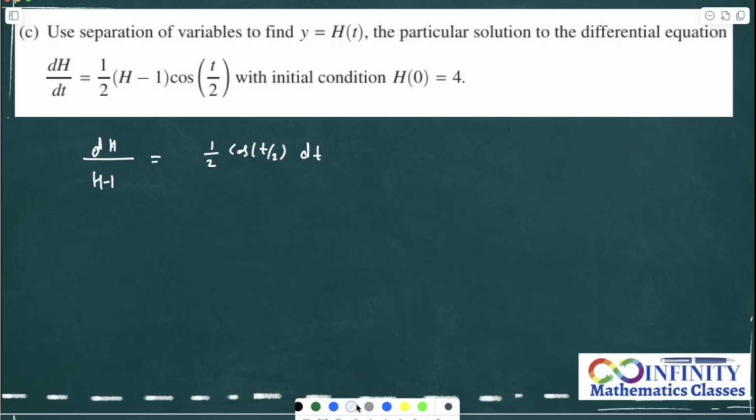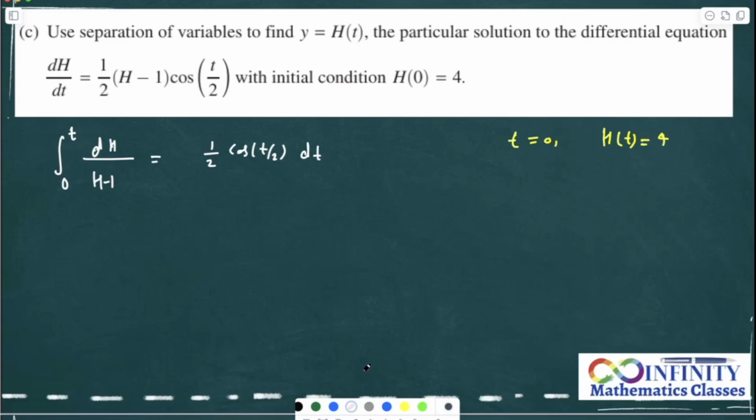So this is the first step. The initial condition given to you is at time t equals 0, h(t) is 4. So I'm going to integrate from 0 to t.